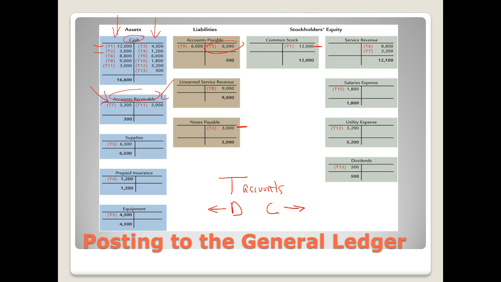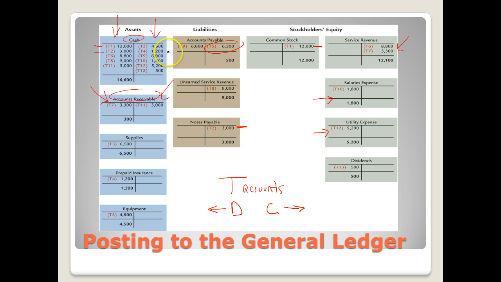But most of the other accounts had only debit or credit effects. Service revenue only had credit effects. Salaries expense only had debit effects. Utilities only debit effects.